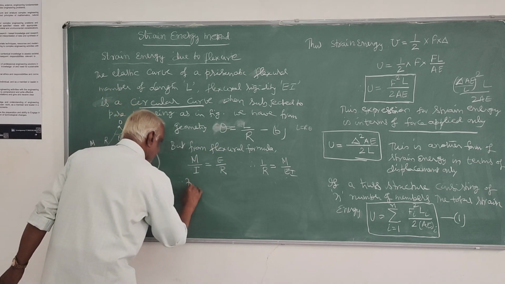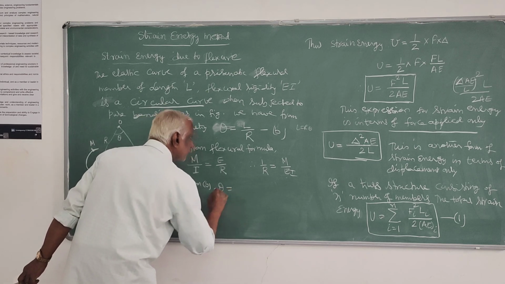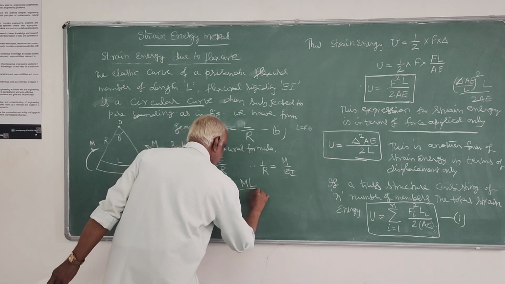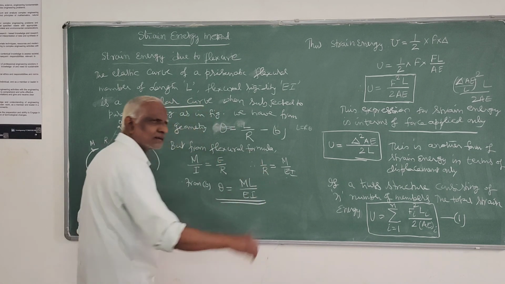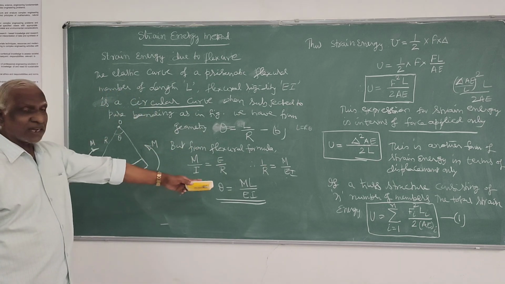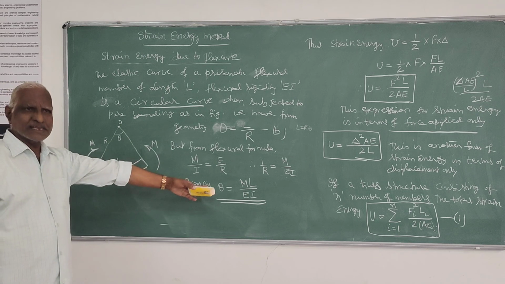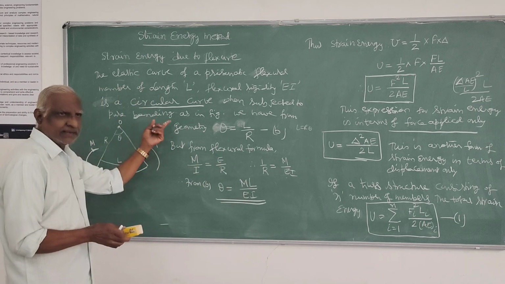Therefore, from B, theta is equal to ML by EI. There I got delta is equal to PL by AE in the earlier expression; here it is ML by EI, on the same argument as I did there.